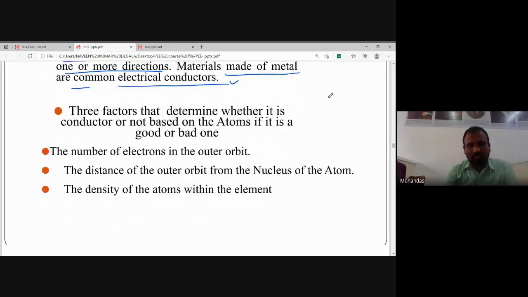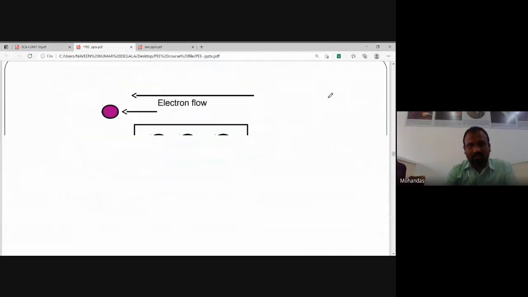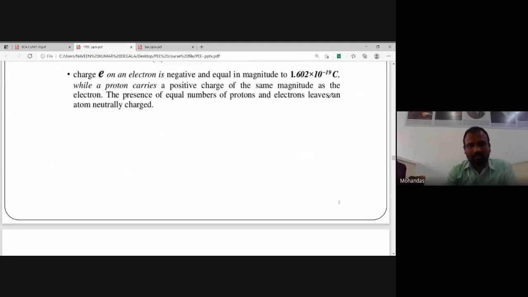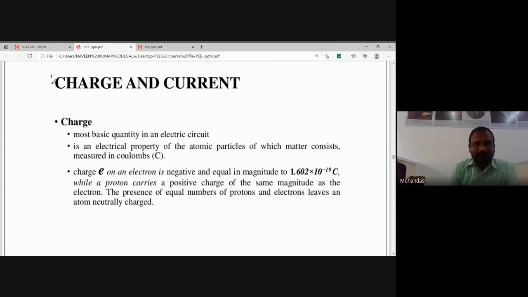And before discussing these things, let us discuss the charge. What do you mean by charge here? Just now we have seen the valency electrons revolving in the outermost shell. Charge is a deficiency or excess of an electron.